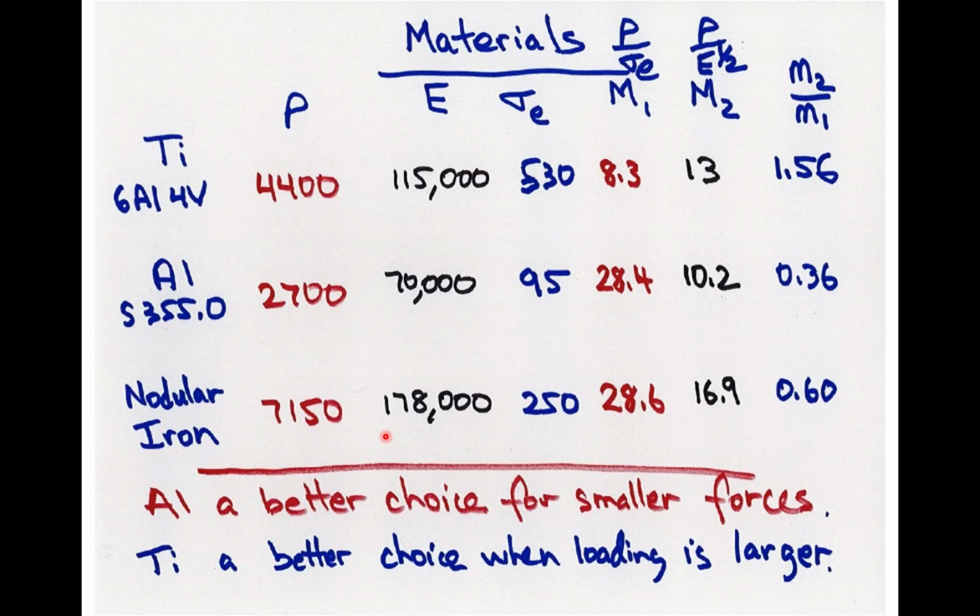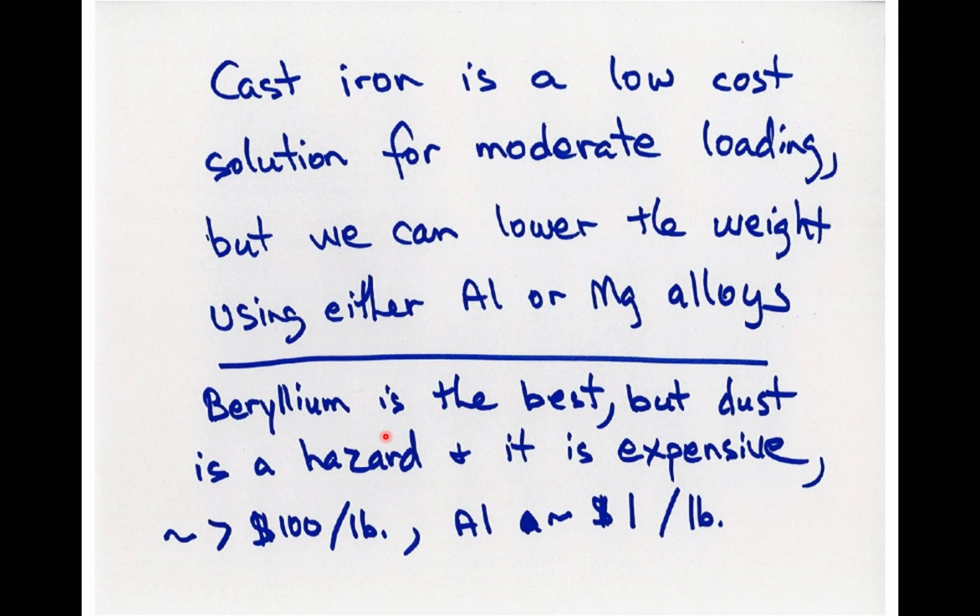So getting back to this, on the bottom, the aluminum is a better choice when you have lower forces. The titanium is going to be a better choice when the loading is larger. And finally, just to say something about the cast iron, it is a low-cost solution for moderate loading.